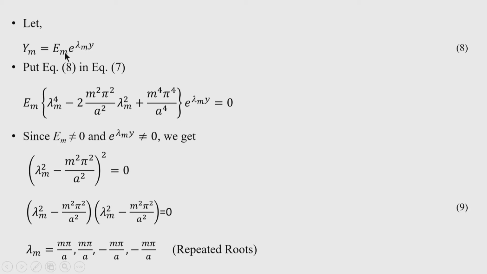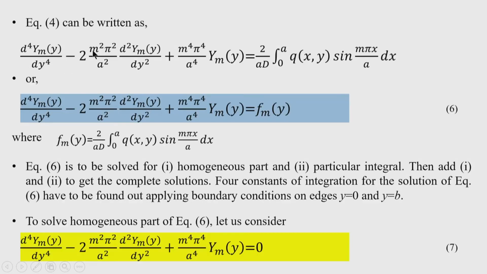Substituting Y_m = E_m e to the power lambda_m y in this equation, here it is the fourth derivative, so naturally we will get lambda_m to the power 4, and the other constants will appear as they are, E_m. When you differentiate an exponential function, again an exponential function appears. So, the exponential function will be common to all the derivative terms, and here also, because Y_m(y) is equal to E_m e to the power lambda_m y.